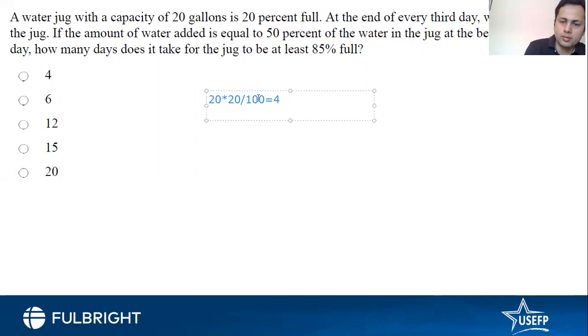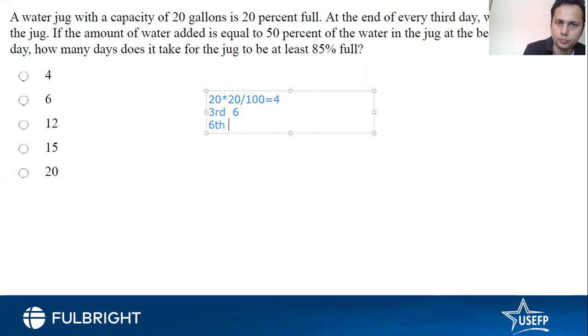On the third day, 50% of what is present on that day is added. So at the start of the third day, it had 4 gallons. So 2 gallons were added, and it became 6 gallons.